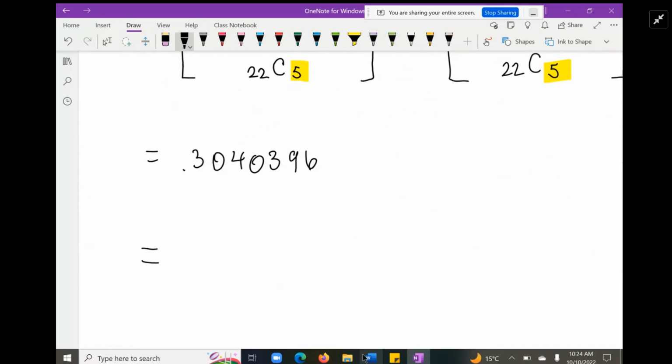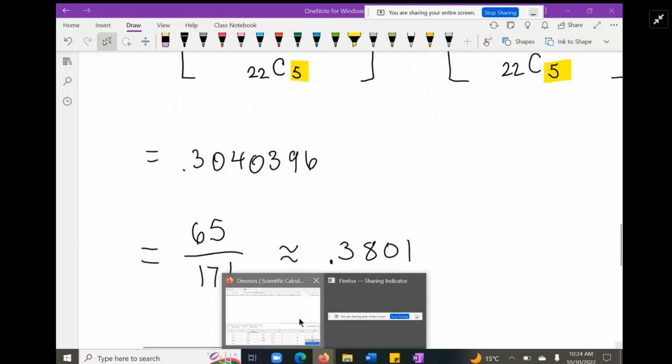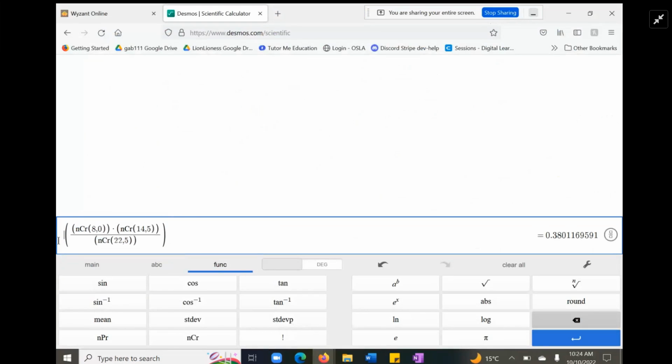Let me write what I got in my calculator. My TI-84 gave me a fraction, and then I turned it into a decimal, and that's the decimal approximated. But let me fill in the other part.